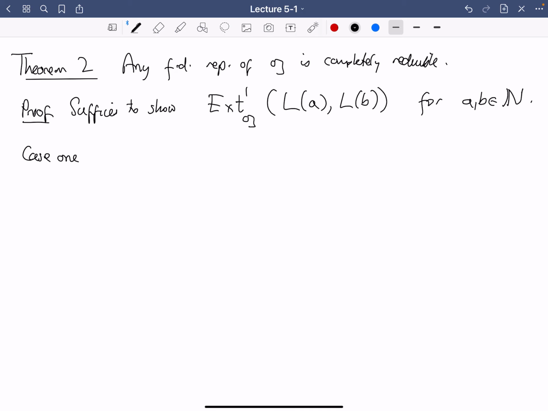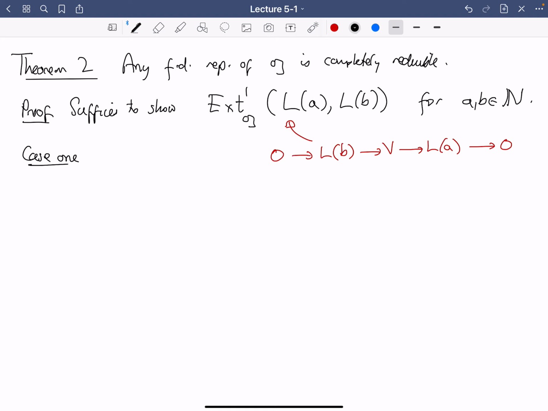And to do this, you just look at cases. So we're looking at Ext 1, right? So we're looking at short exact sequences of this form. And we have to show that every short exact sequence of that form splits.